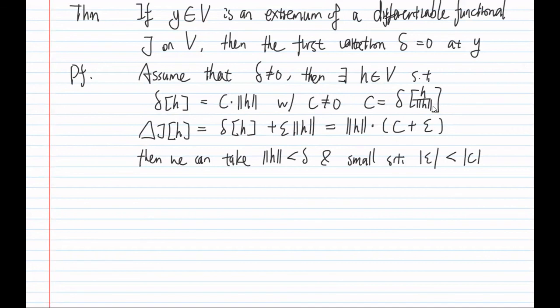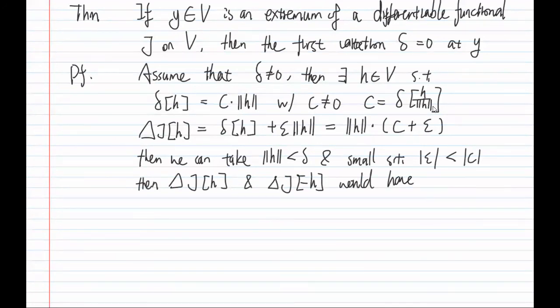Then we can observe that this delta J h and delta J negative h would have different signs. Because why?